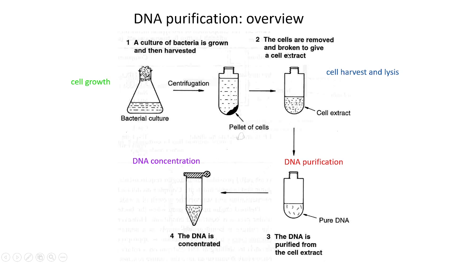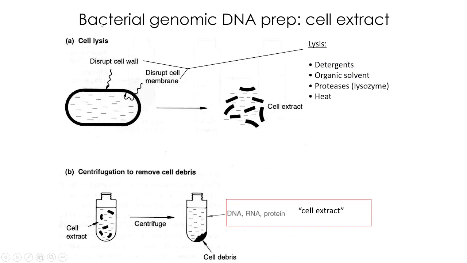The cells are removed and broken to give the cell extract. So this is the pellet. We discard the supernatant, take this pellet and resuspend it, and then we go for DNA purification from the cell extract, and we calculate the DNA concentration. So first is cell growth, then harvesting and lysis, followed by DNA purification and DNA concentration.